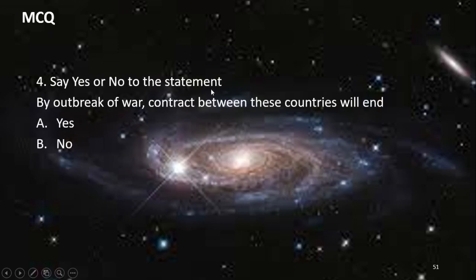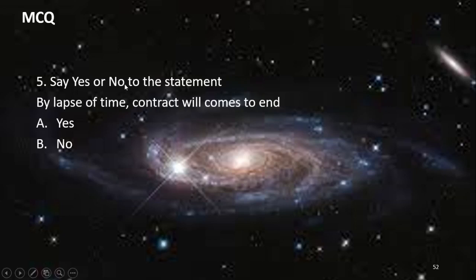Say yes or no to the statement: by outbreak of war, contract between these countries will end. The answer is yes, because with the outbreak of war, we cannot proceed with a contract. You can say yes or no to the statement: by lapse of time, contract will come to an end. Of course, the answer is yes.